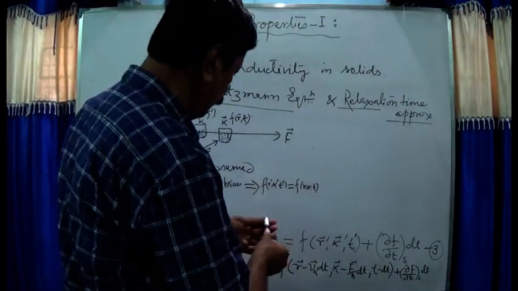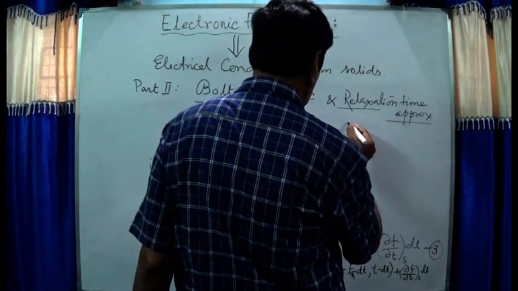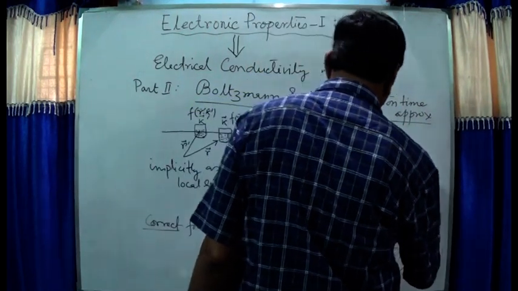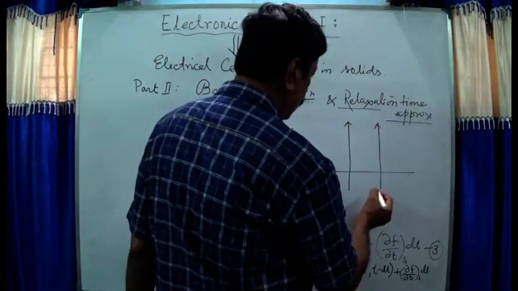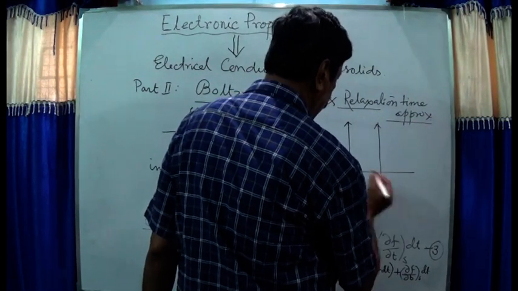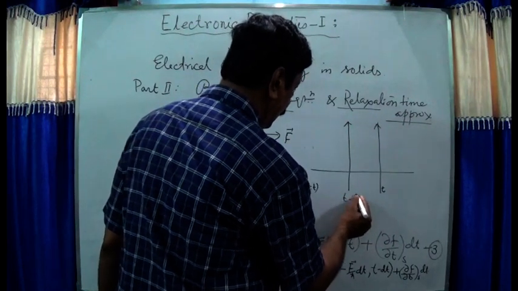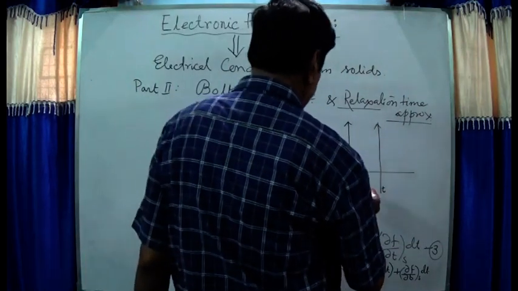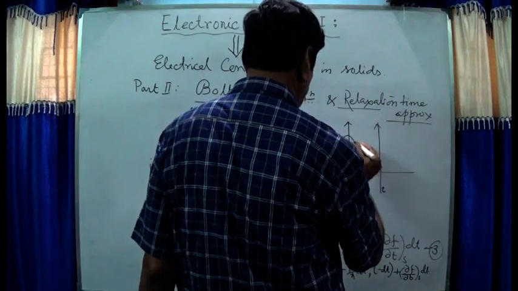Now this thing can also be presented in this way. Let us assume that at t equal to 0, at an instant t, and at an instant of t minus dt, the distribution is like this.